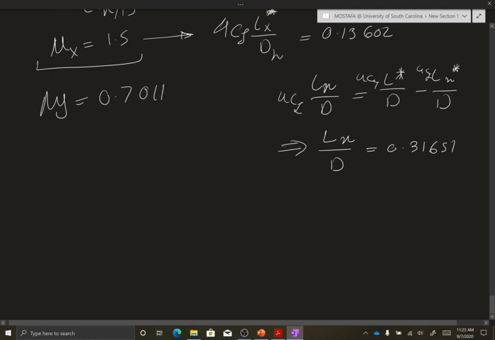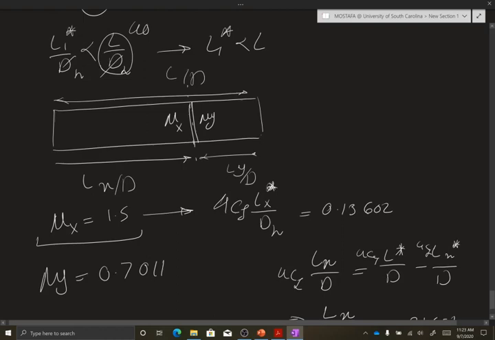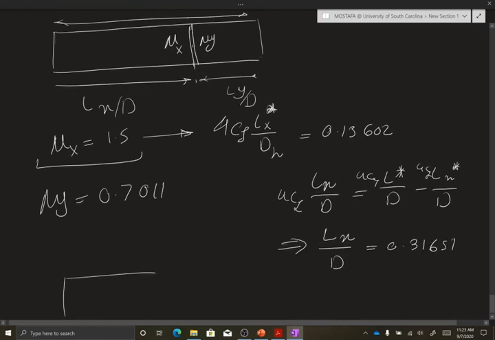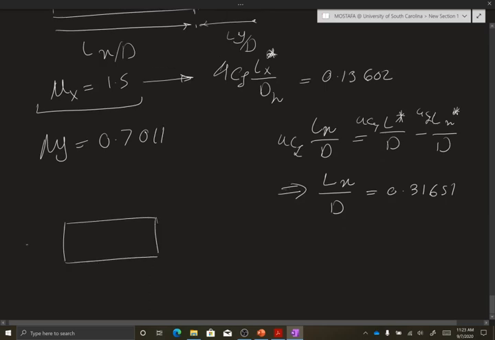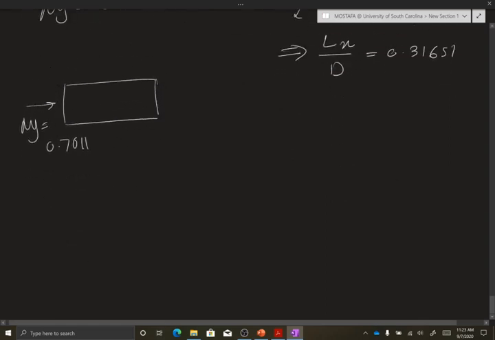So after the normal shock wave, your Mach number is going to be 0.7011. Then, let's cut this half of the duct this time, the Y half. You essentially have a duct with an inlet Mach number of 0.7011, a subsonic duct, pretty simple, right? And you want to find the length of it. But we already know that this length is the choking length.